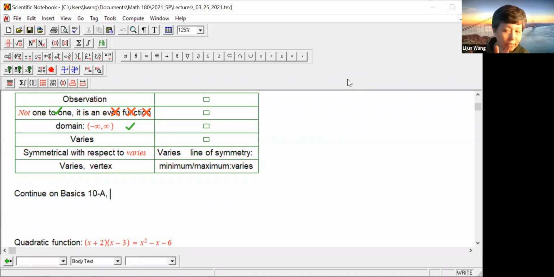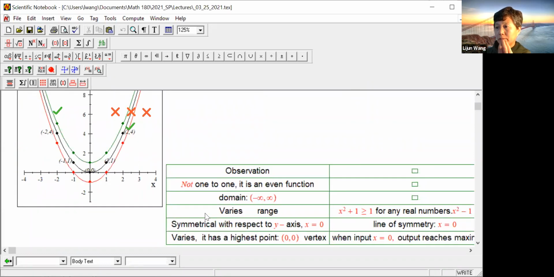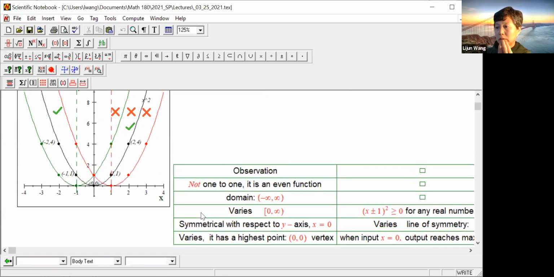I forgot, I haven't talked about these horizontal stretch. The horizontal stretch we have here today is the first 3 pictures. Hold on, let me remove that.